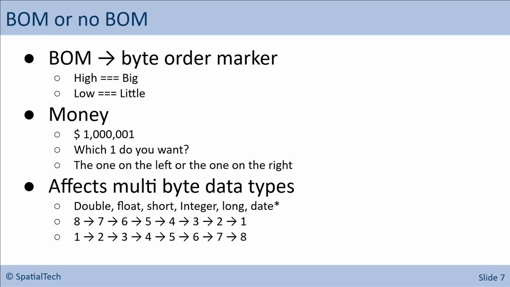Flip a coin. If you're going to build an OS, right? Actually, it's if you're going to build a CPU chip, that's where it happens. And so the biggest break would be Intel, low little, versus a lot of RISC chips, which are high big. Back in the day, a lot of these RISC chips were Unix-style chips, HP Unix, DEC Alpha.